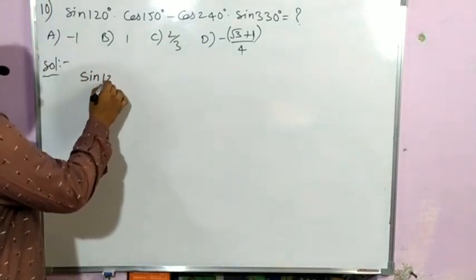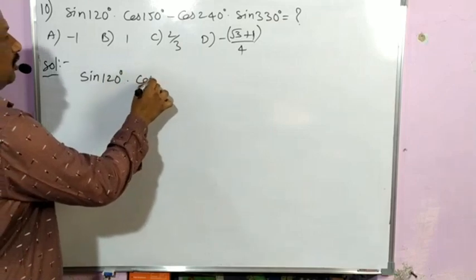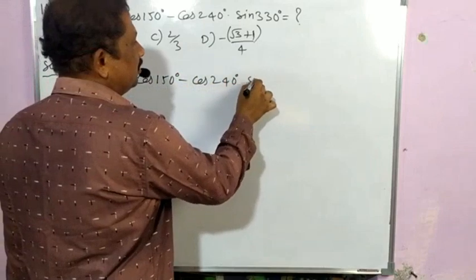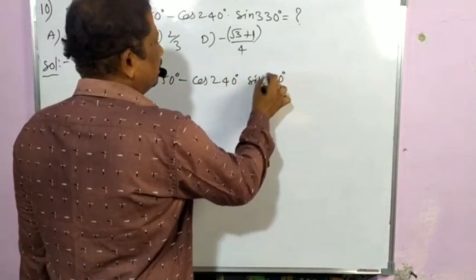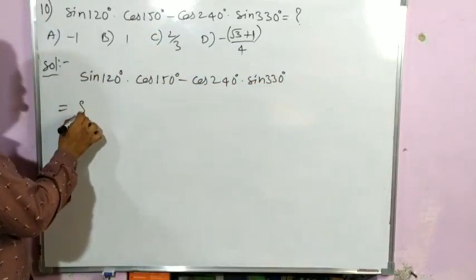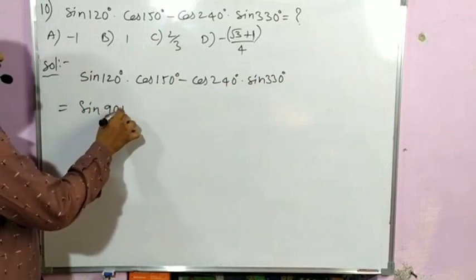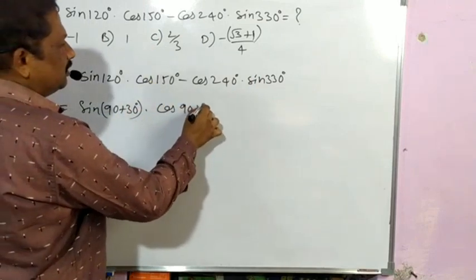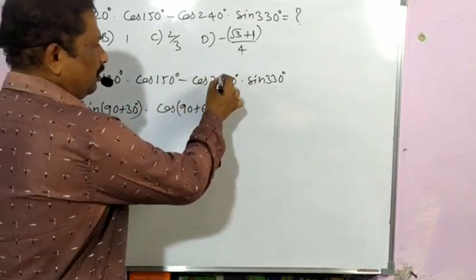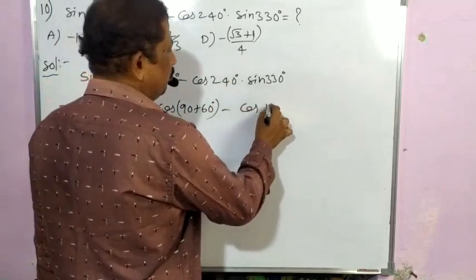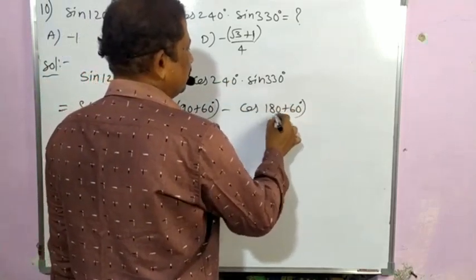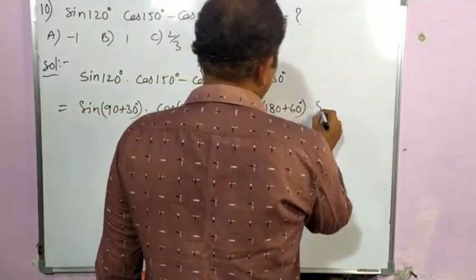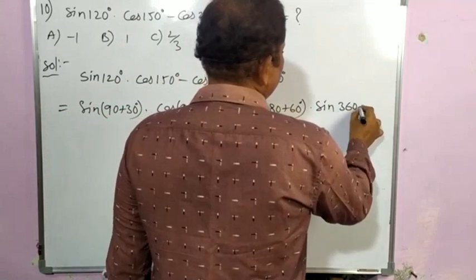First we can write this as sine 90 plus 30 degrees, cos 90 plus 60 degrees, cos 180 plus 60 degrees, and sine 360 degrees minus 30 degrees.